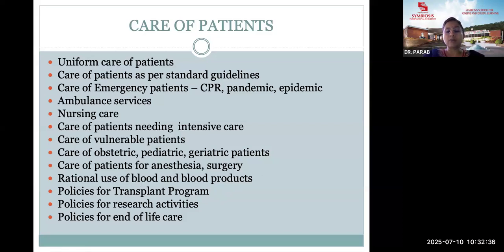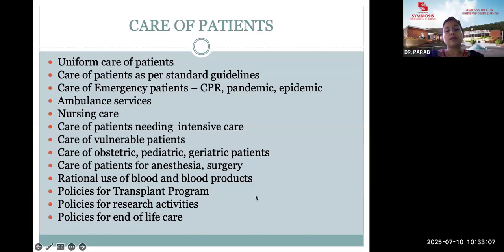All hospitals don't have transplants, so then you can just omit the standard, but whichever hospitals have this, you should elaborate on the kind of transplant that you're doing and the entire policy and procedures therein. Similarly, for research also, organizations conducting research will elaborate on the kind of research they're doing, the methodology therein, and what kind of activities and all the protocols for research would have to be laid down.